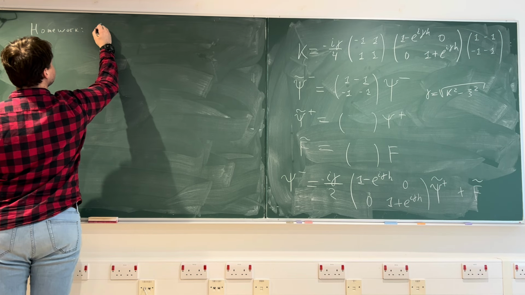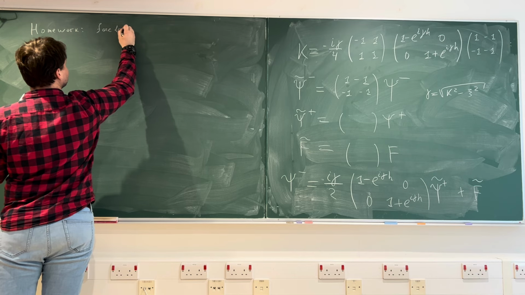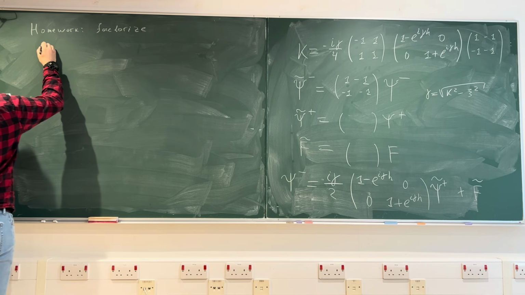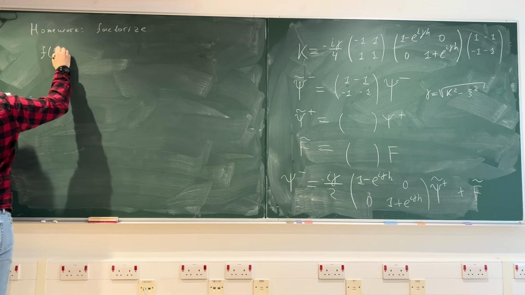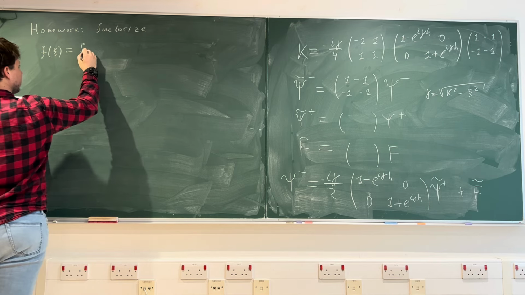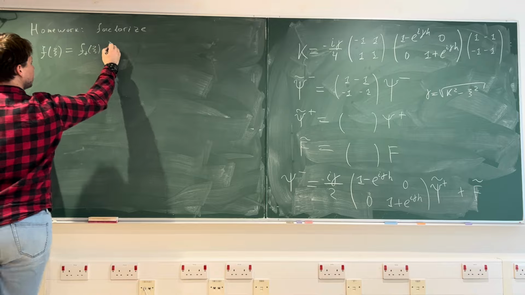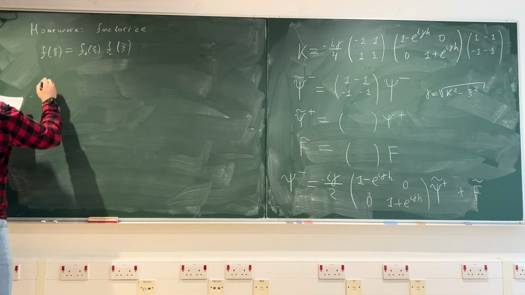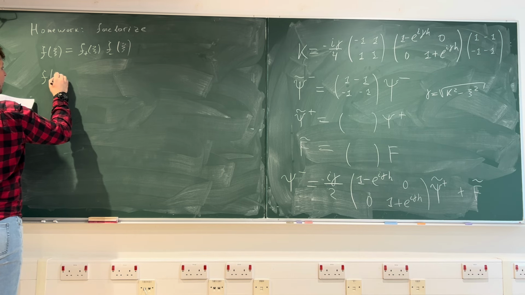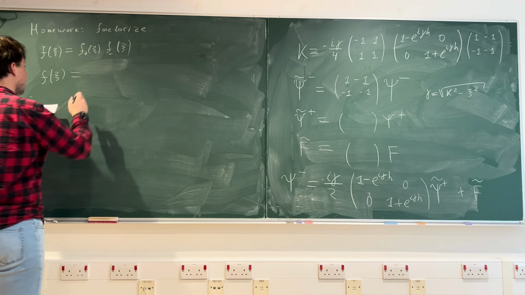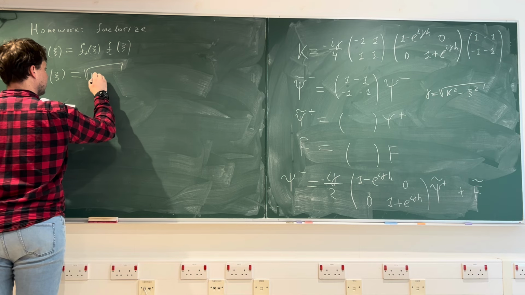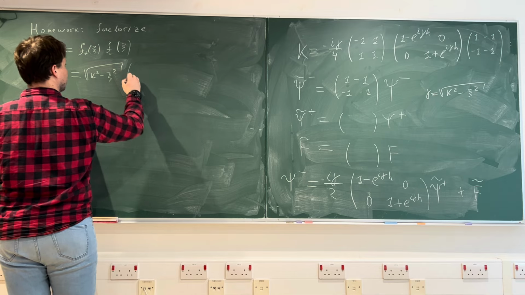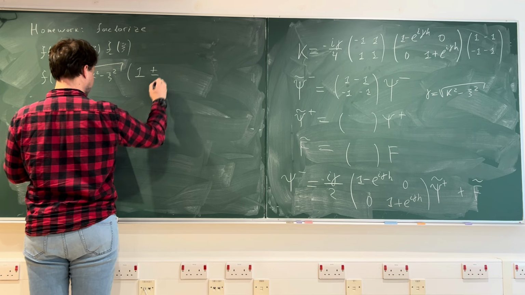Factorize the function of x into a product of functions analytic in the lower and upper half plane, and f of psi is the square root of k square minus psi square, 1 plus minus.